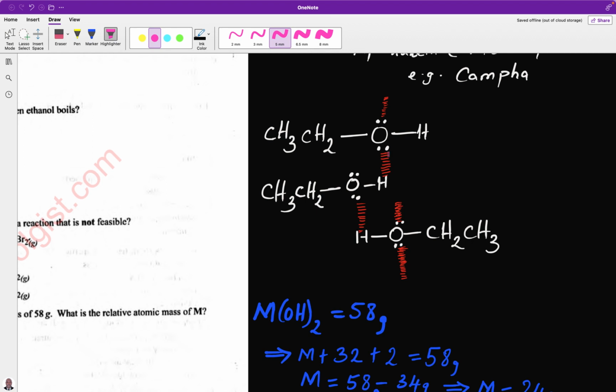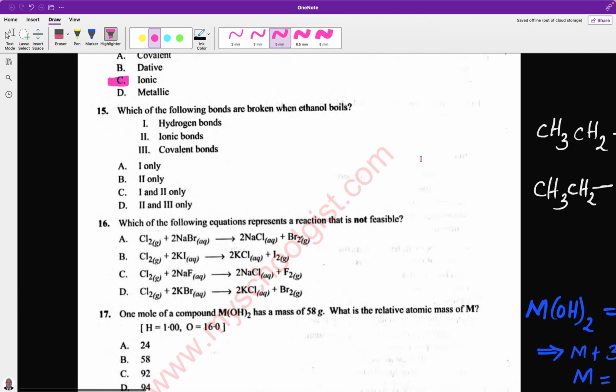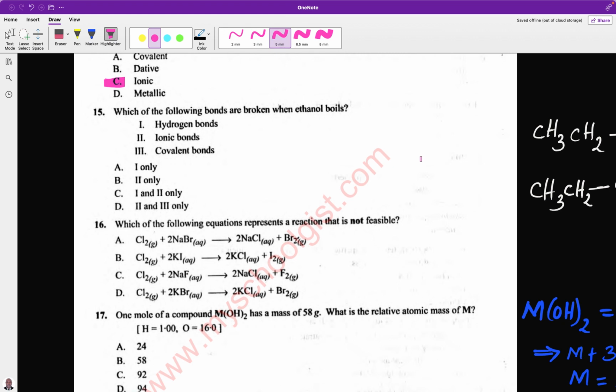So to boil, it will require a high amount of energy to overcome this bond. So let's go back to our question. The question says, which of the following bonds are broken when ethanol boils? Is it hydrogen bonds? Is it ionic bond? Is it covalent bond?